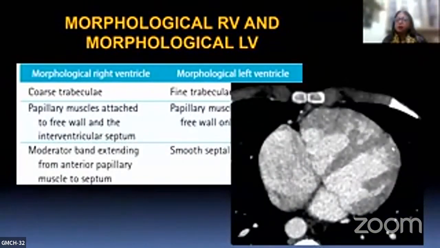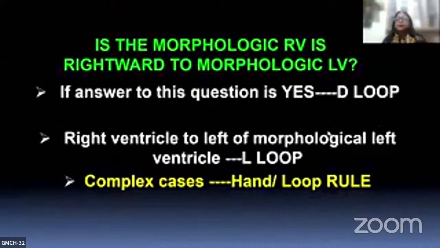So here we see it on the CT, this axial section: the right ventricle has a lot of coarse trabeculae, there is a moderator band, and the papillary muscles are attached to the free wall as well as the septum, while in the left ventricle, fine trabeculae, the papillary muscles are attached to the free wall and the septal surface is completely smooth. So this is a morphological right ventricle and this is a morphological left ventricle.